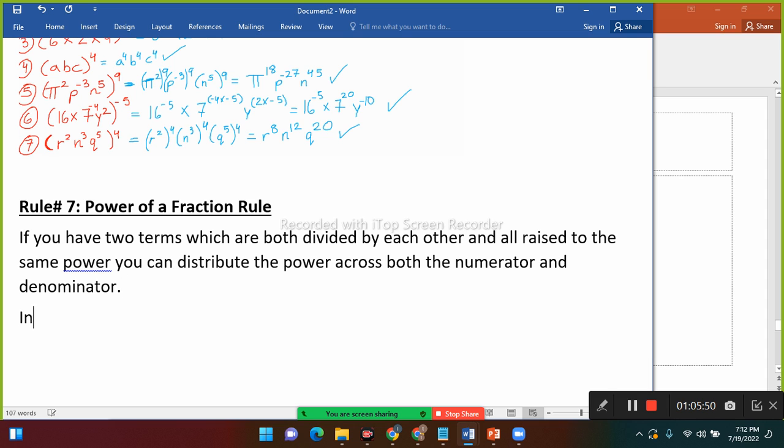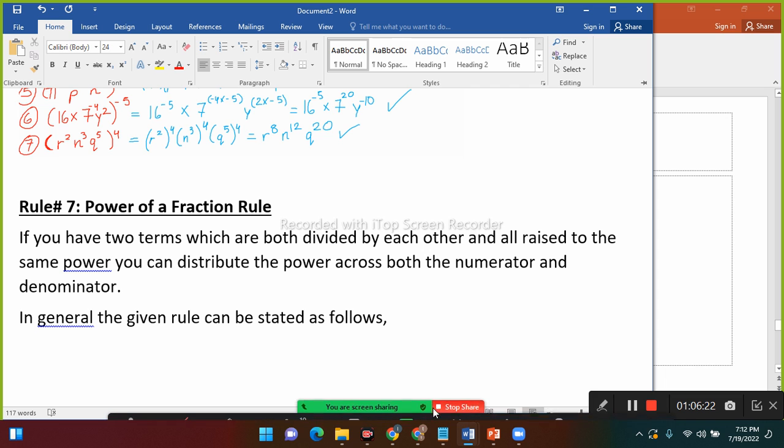In general, the given rule can be stated as follows. So it's a power of a fraction rule, so obviously we are expecting a fraction to show up.